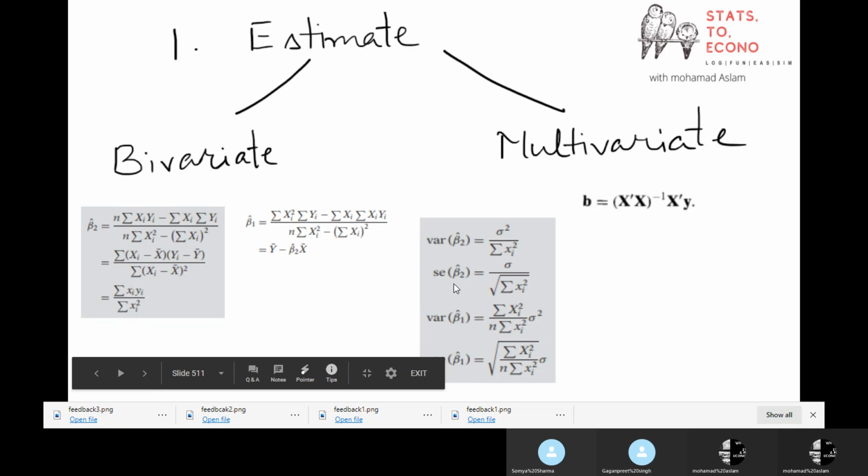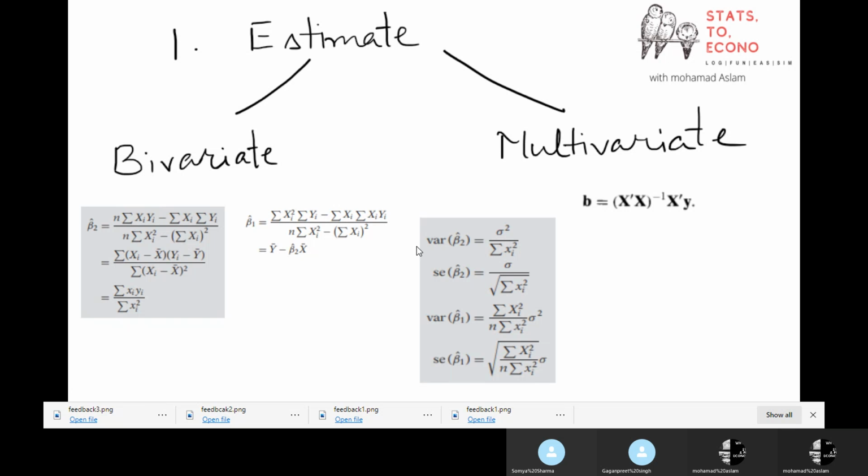This derivation we already did by the matrix method also. Today we will first find the variance for beta 1 hat, and then the property of minimum variance.